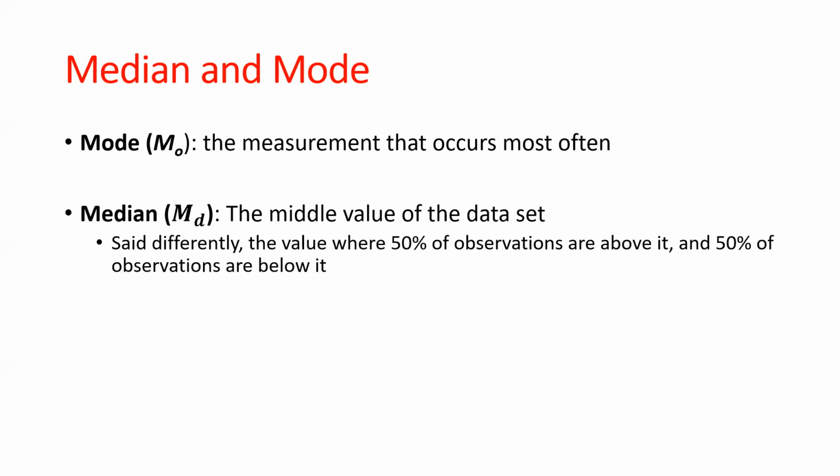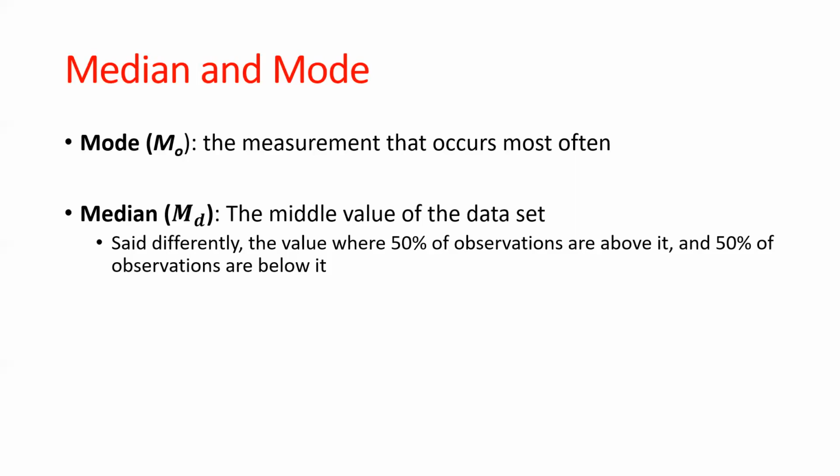Let's say we had 3 observations: 4, 8, 20. To find the median, it's the observation exactly in the middle. Once I arrange them from smallest to largest, I cross off the highest, cross off the lowest, and I've got no other observations. This is the middle observation.